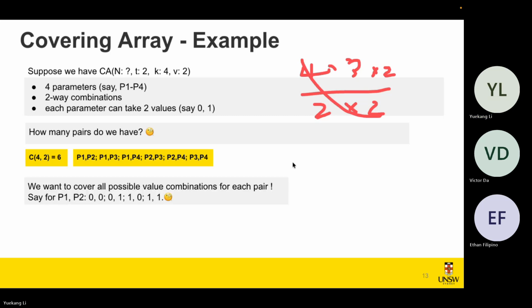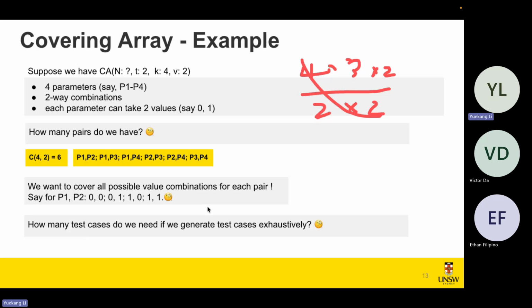And we want to create test cases to cover all the possible combinations for each pair. Each pair can have 4 different patterns, because each parameter can take 2 values.